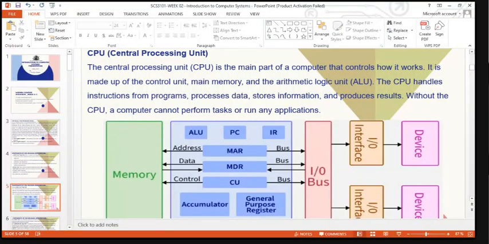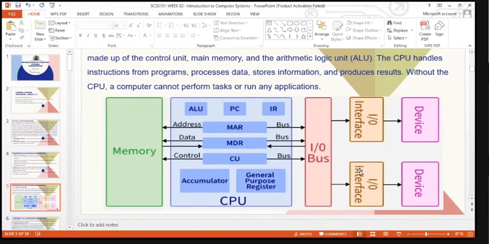Then we have the system bus, which carries your binary data, the input and output bus, the input and output interface, and also the device. This is the high-level view, the architectural framework for the CPU operation.